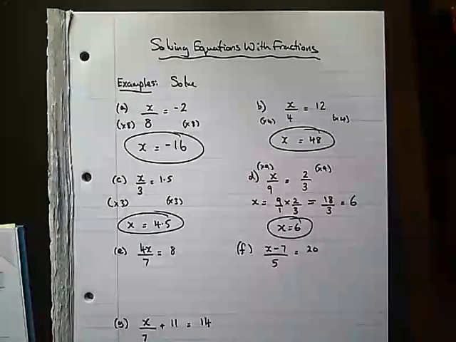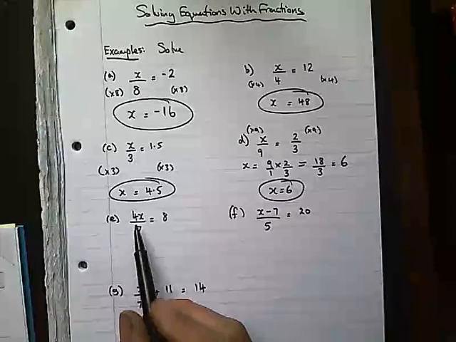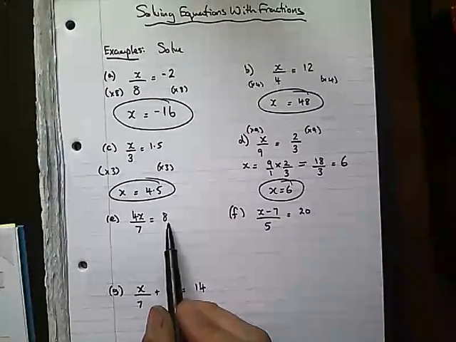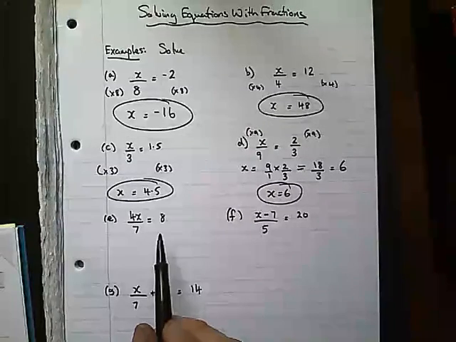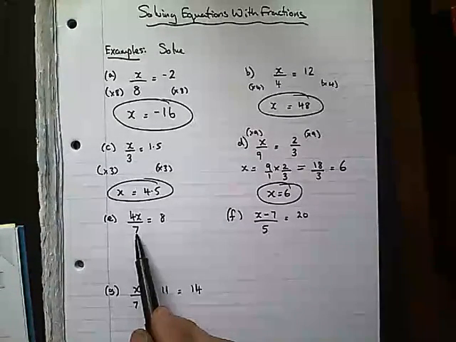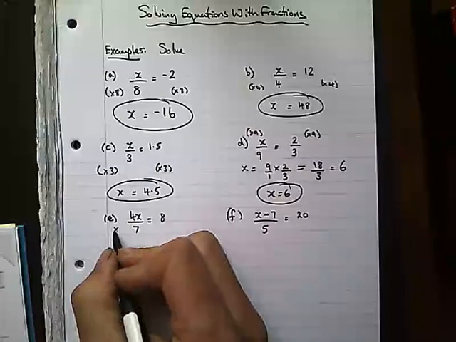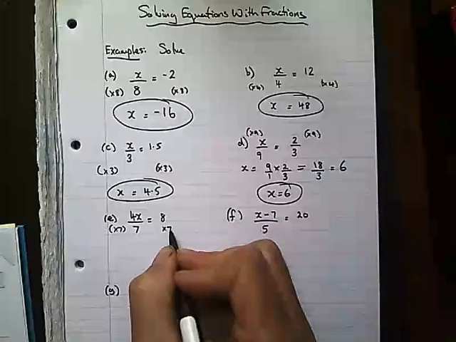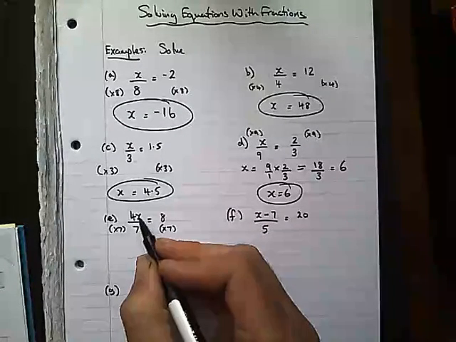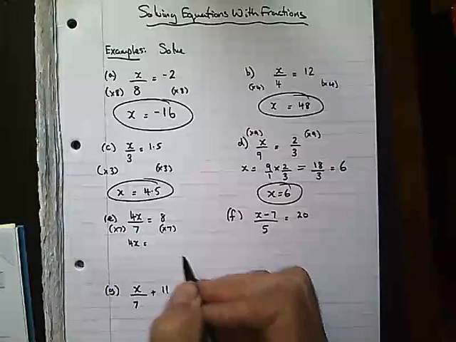Right, let's have a look at example E. So I've got 4x divided by 7 equals 8. So this time I'm going to have to do this in 2 steps. I'm going to undo this divide by 7 by timesing by 7 on both sides. So that's going to leave me 4x on the top. 7 times 8 is 56.